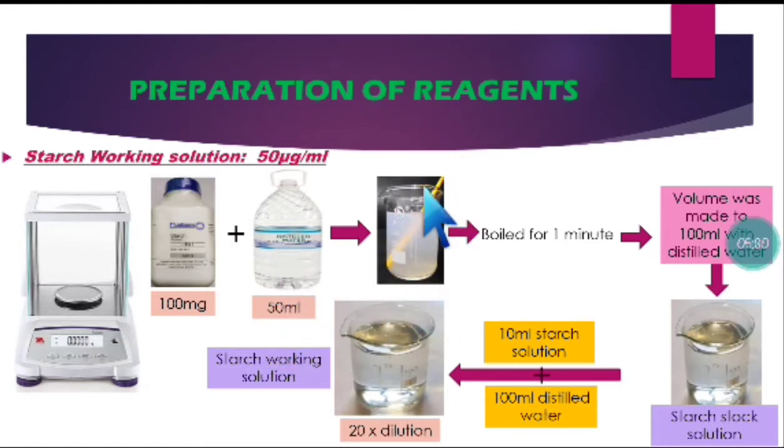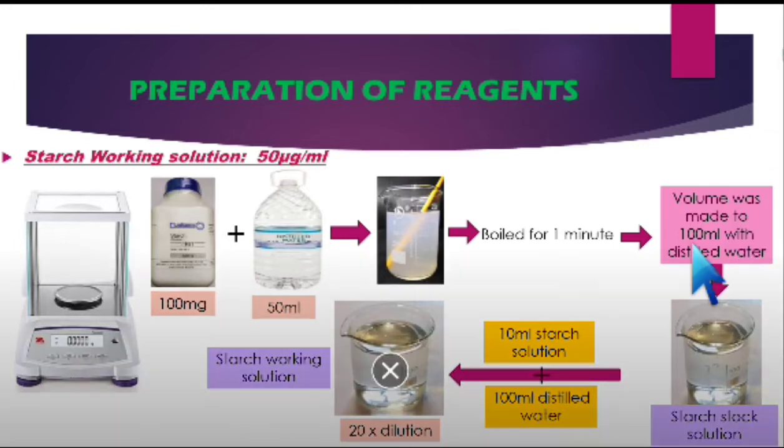And as you can see, the starch does not dissolve properly. So for this, we have to boil it for 1 minute. We will boil until we get a clear solution of starch like this. After boiling for 1 minute, we will make the final volume 200 ml with distilled water.